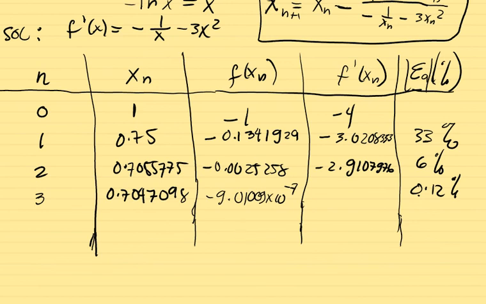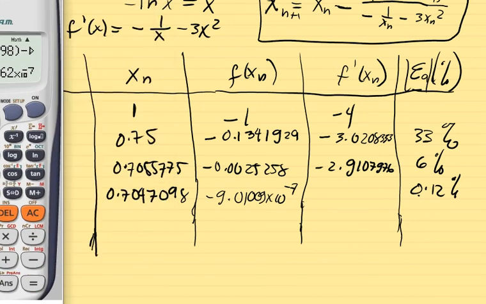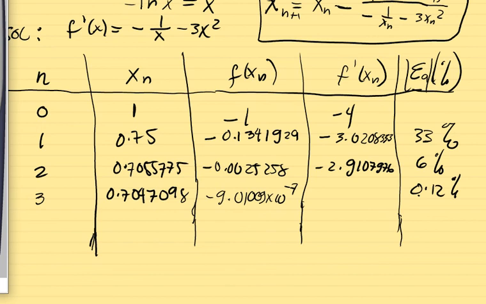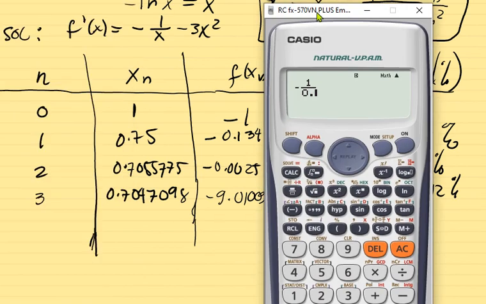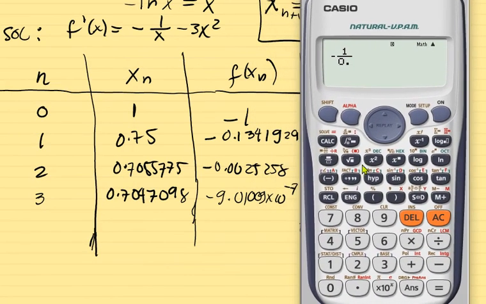And for f prime of x, this will be negative 1 over x. Negative 1 divided by 0.7047098, minus 3 times 0.7047098 squared.